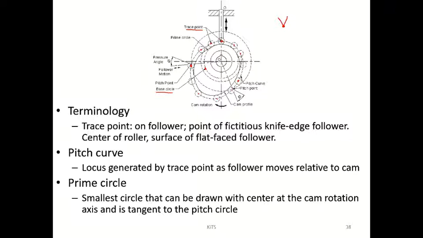And if you connect all the trace points like this, that is called the pitch curve.